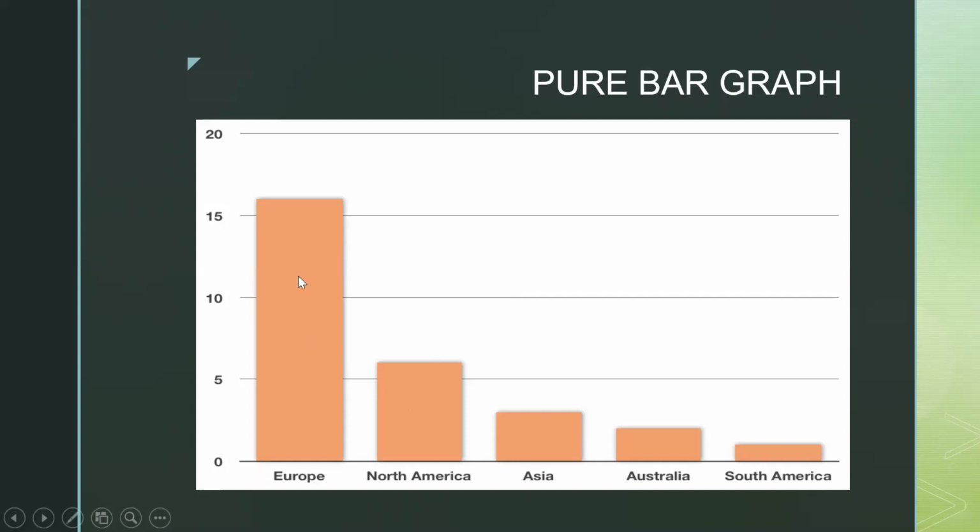So this is your rank 1, Europe, rank 2, rank 3, 4, 5. That's what you're going to do. The ranking will actually help you write your sentences in your body paragraph, because their ranking will be your basis as to which one will be your sentence 1, sentence 2, sentence 3, 4, 5, and then the last.